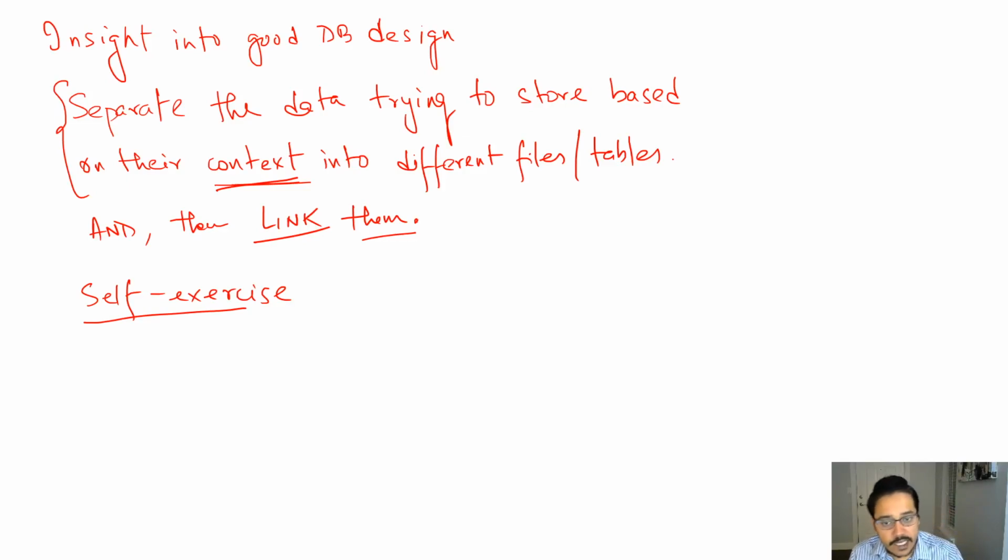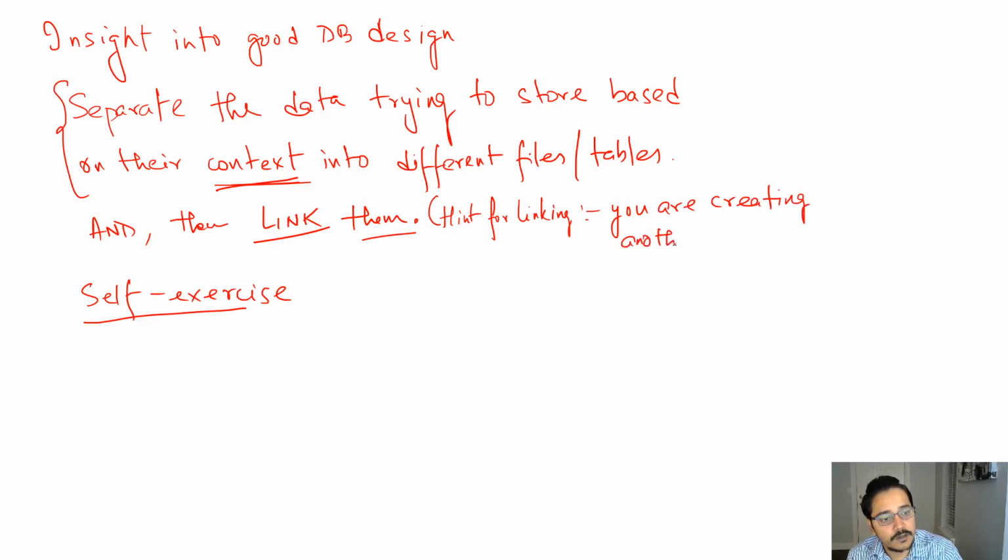And a hint in that aspect is, when you're trying to link them, you are creating another linking table. So that is the hint that I will provide you with, right?